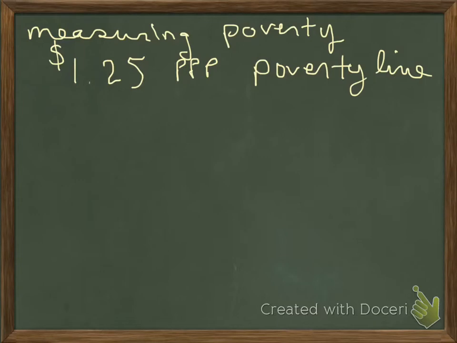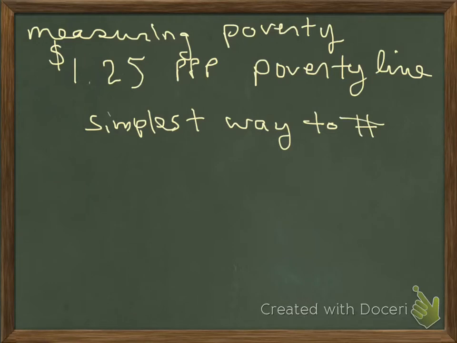The simplest way to determine how many are below the poverty line in the country is just to do a head count. I mean, it's just to identify them and say, well, we've got 300,000 below that line.